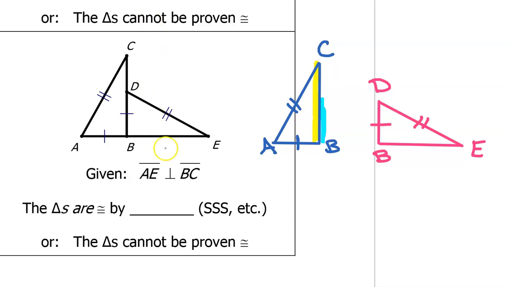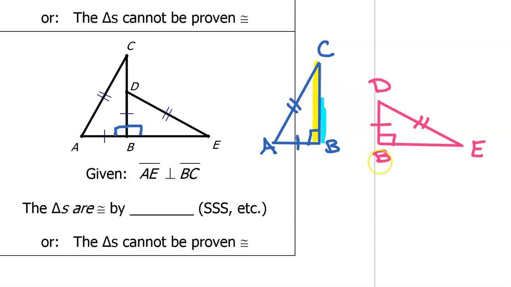But we're also given that AE is perpendicular to BC. So again, here's AE and here is BC. So that tells us that we have right angles here and here. So translating into our picture, that means I have a right angle here and a right angle here.